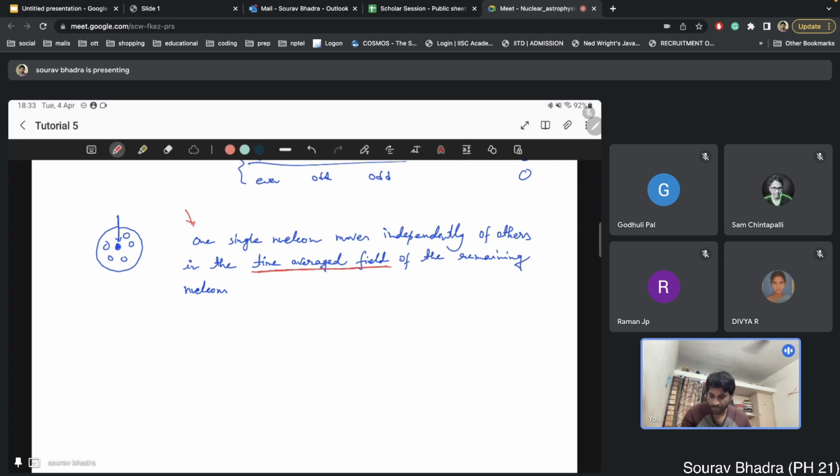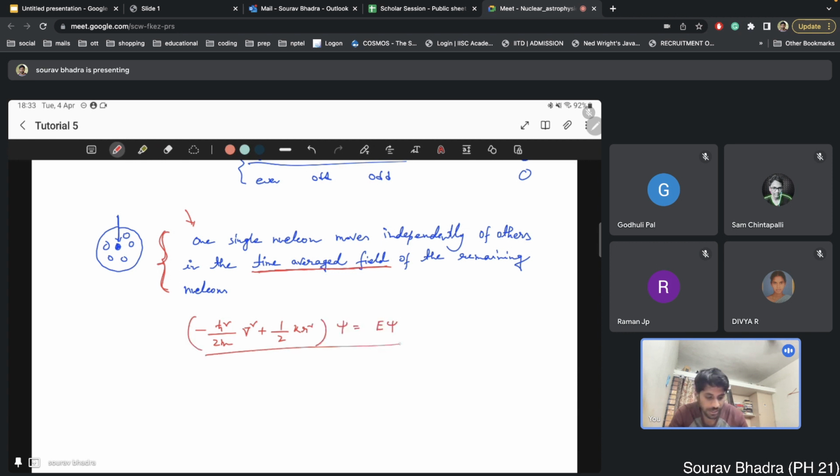Under this assumption only can you write the Schrodinger equation for a particular nucleon inside a nucleus. It has been shown that with this assumption you can write the Schrodinger equation as minus h bar squared by 2m del squared plus half k r squared, psi equals E psi.